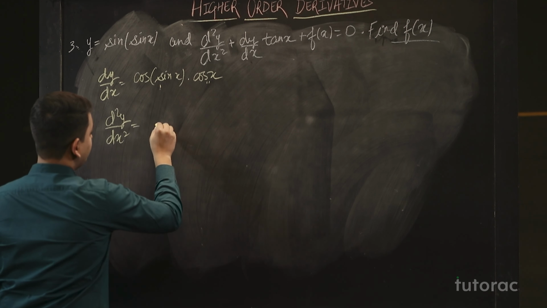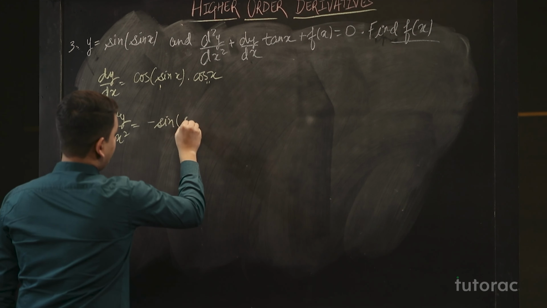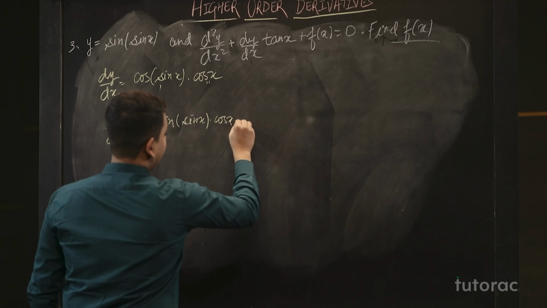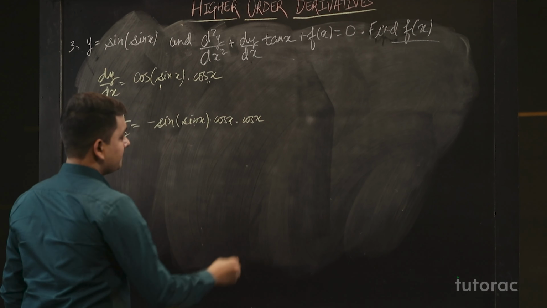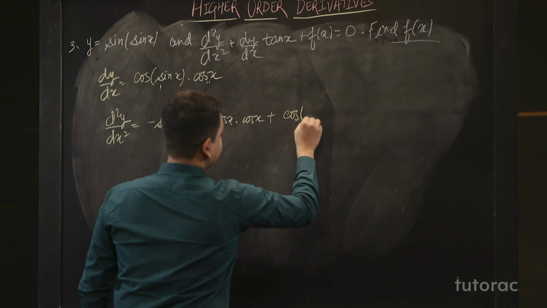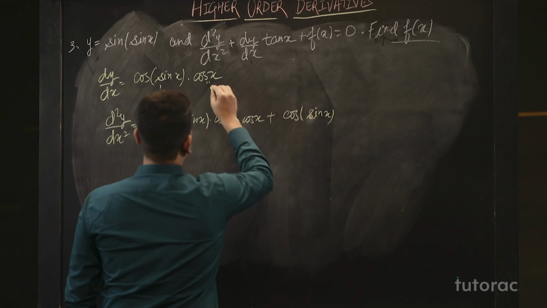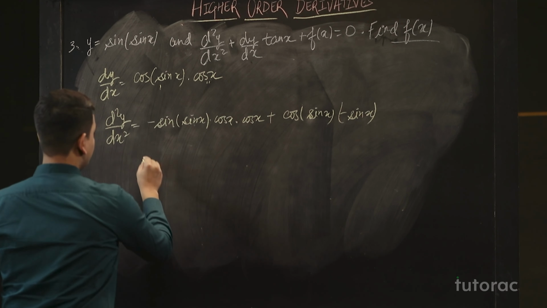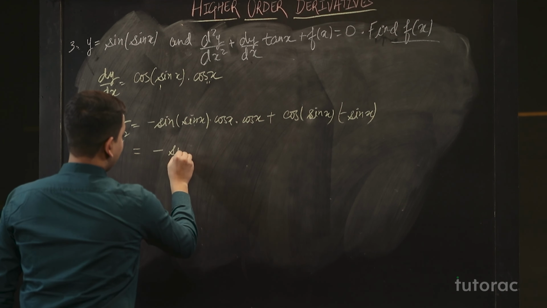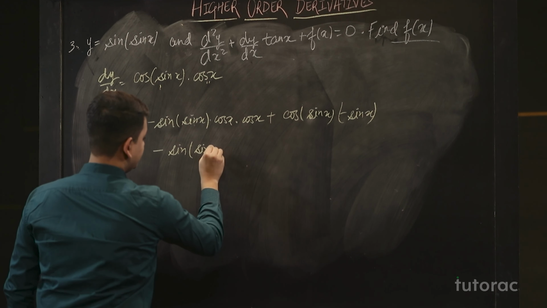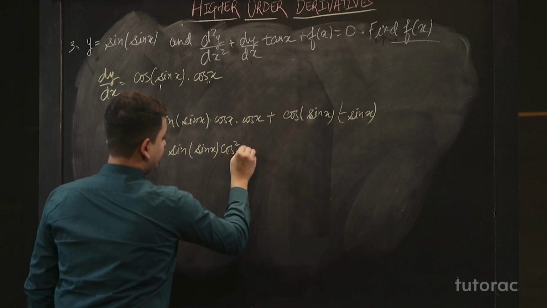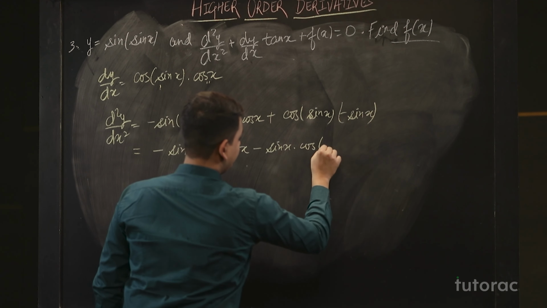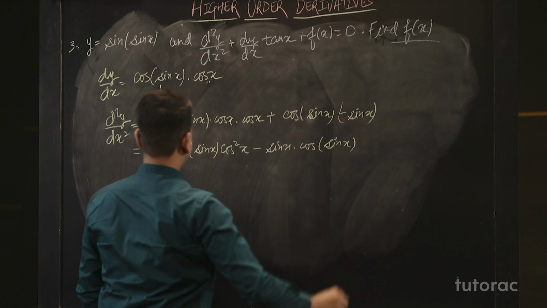So derivative of first function will be minus sin(sin x) into cos x, for this sin x, and into cos x, that is our second function, plus first function as it is, and derivative for our second function will be minus sin x. So we'll get minus sin(sin x) into cos²x minus sin x into cos(sin x).